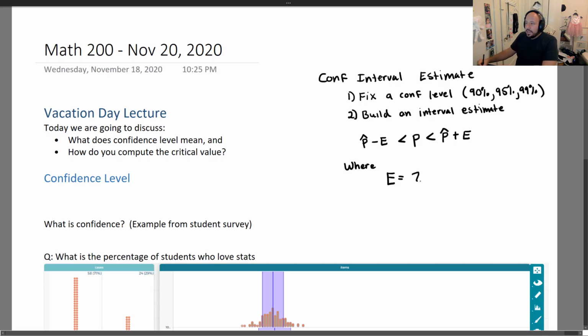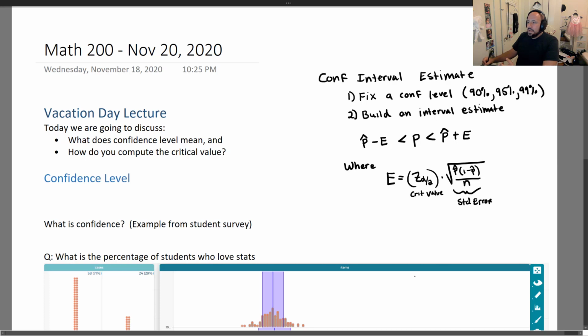And we do so by using this formula. Z alpha over 2, which we called a critical value, multiplied by this thing we call the standard error for this estimate. If you remember, this is in a way the standard deviation of our sample percentages, but once again, we call this the standard error.